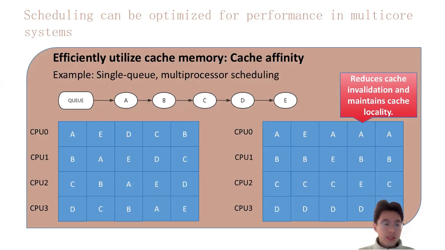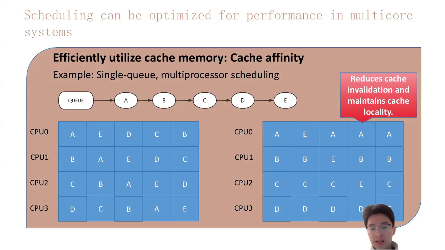And then CPU 0 will continue to execute some process in the queue. But the thing is, you can see in CPU 0, all of the processes are different, right? So maybe process A needs to switch with E, D, C, B. All of these processes need to switch.